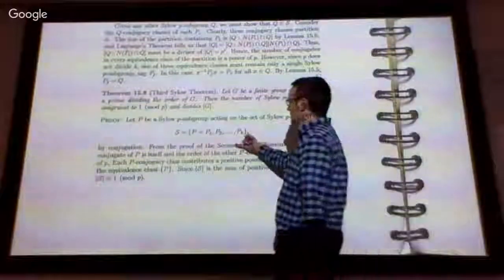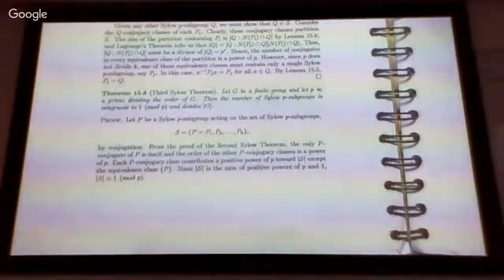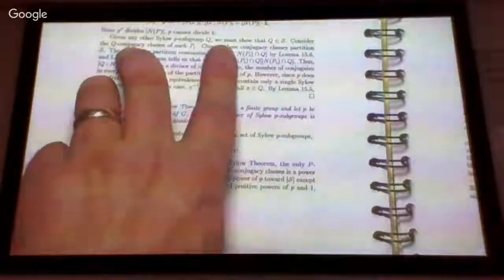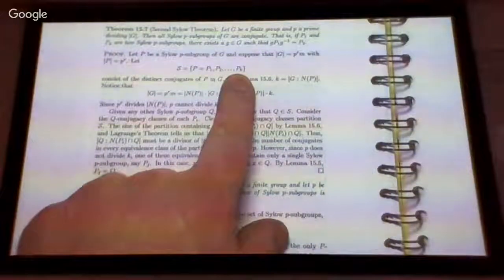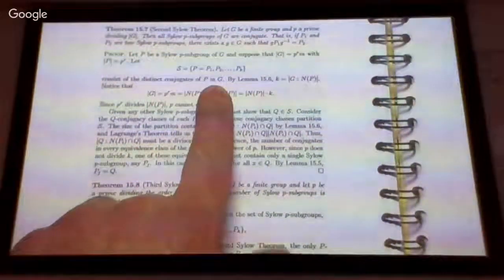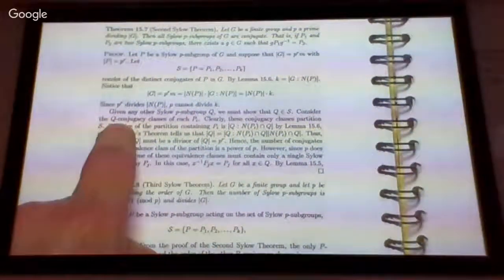If you also look at the arguments that we went through in the second Sylow theorem, we were conjugating conjugates of a Sylow P subgroup, and at one stage we started conjugating them by elements from another Sylow P subgroup.